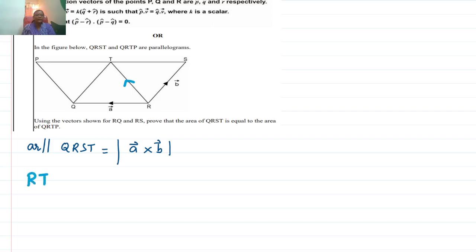The vector RT is nothing but the sum of the two. It is that common diagonal that you have, the co-initial diagonal. For any parallelogram, one diagonal with the same initial point is the sum of the two adjacent sides, whereas the other diagonal, QS, will be the difference of it. Right? You can use the triangle law also and get it.